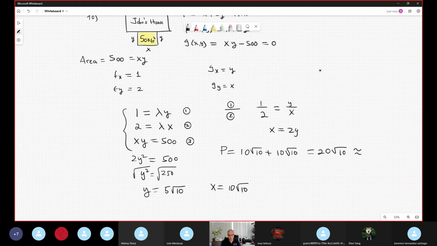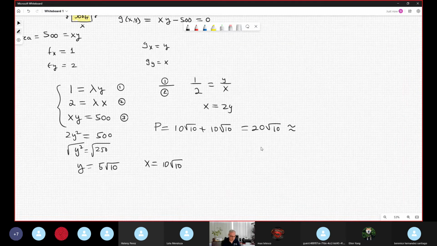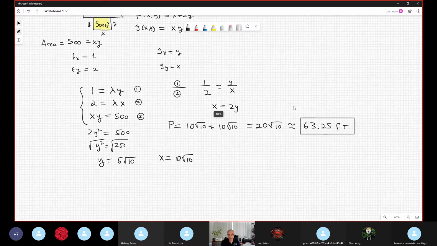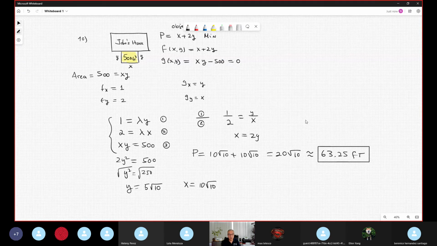And this is approximately 63.25 linear feet, no? Because it's perimeter. It's the material, I don't know si es concrete, aluminum, wood, I don't know exactly what material you want to build this. This idea is clear?